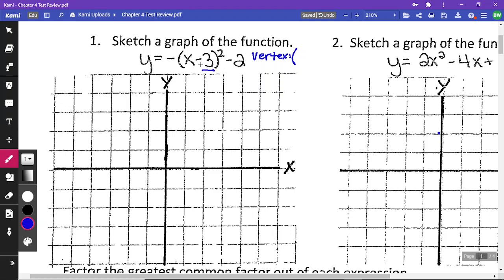Whatever is subtracted, if there is a minus sign, which this one does have, then the number is taken directly as the x-coordinate of the vertex. So that's 3, not negative 3, because there is a minus sign. So we don't call it negative 3. Okay, so 3, and then the y-coordinate is just this number here, which is negative 2.